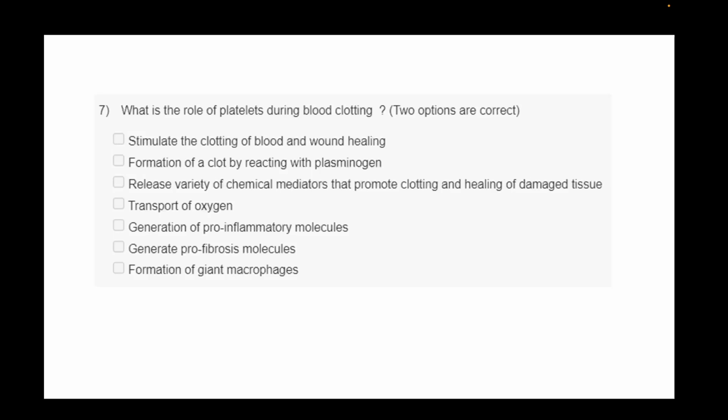Options are: stimulate the clotting of blood and wound healing, formation of a clot by reacting with plasminogen, release variety of chemical mediators that promote clotting and healing of damaged tissue, transport of oxygen, generation of pro-inflammatory molecules, generation of pro-fibrosis molecules, or formation of giant macrophages. Among these, which two options are correct for role of platelets?